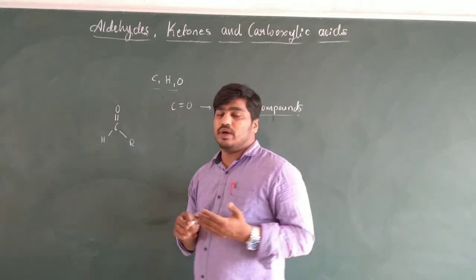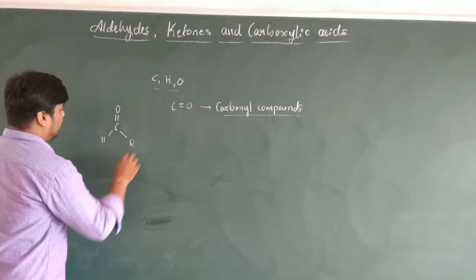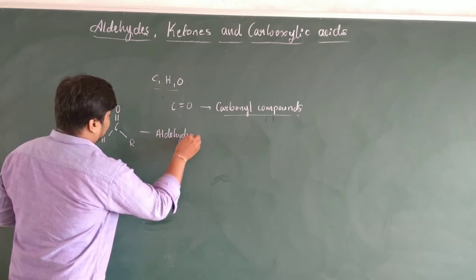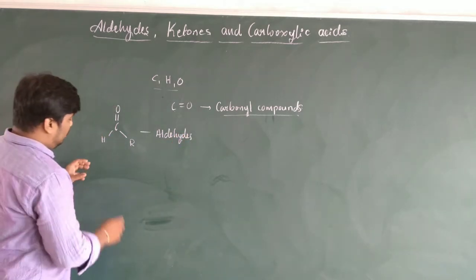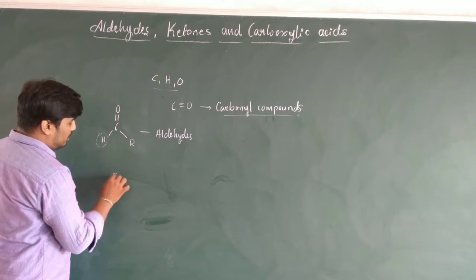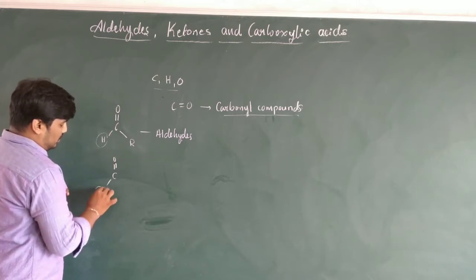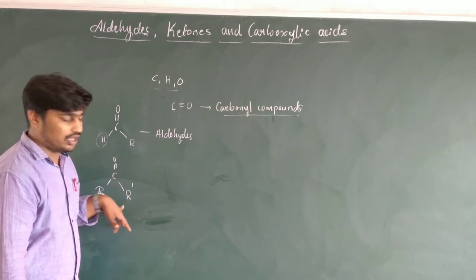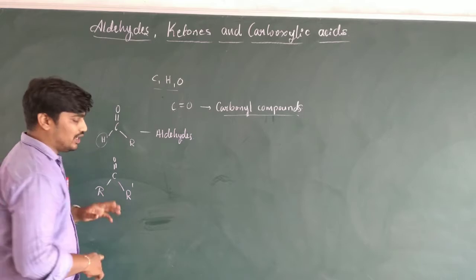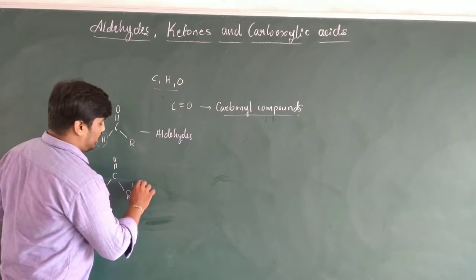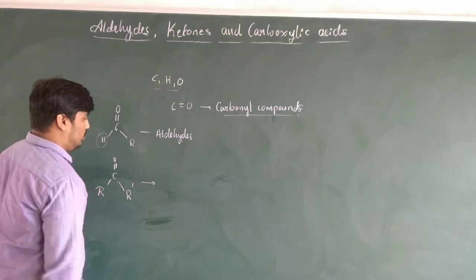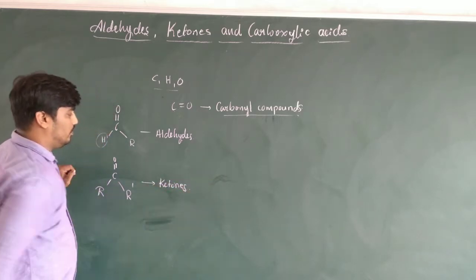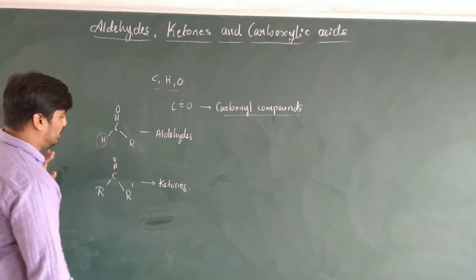That type of compound is known as an aldehyde. If the other hydrogen is replaced by another alkyl group, commonly represented as R and R dash, so two alkyl groups, same or different, are attached to the carbonyl carbon, then it is known as a ketone.